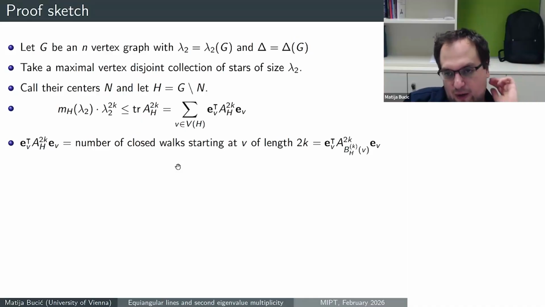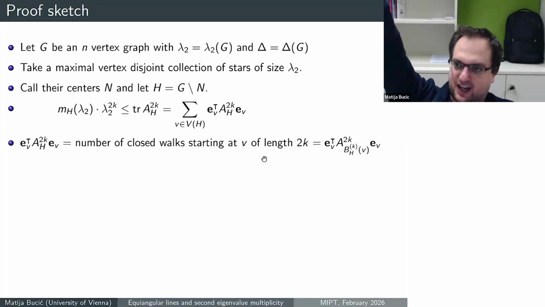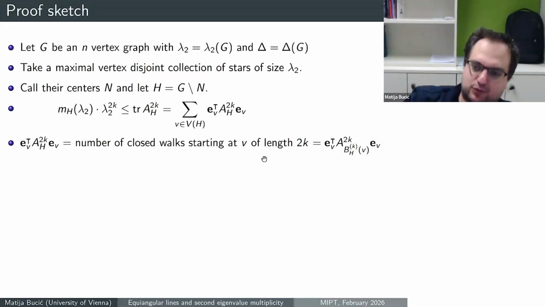Very good. So now one easy observation is that in terms of counting these closed walks, I only care about the ball around that vertex of radius k. Because if I'm counting closed walks of length 2k, they can't reach farther than k from the vertex if they are to have any chance of coming back and closing up.